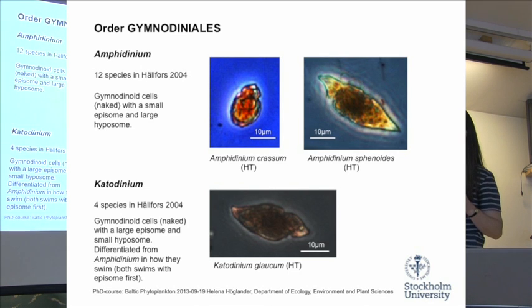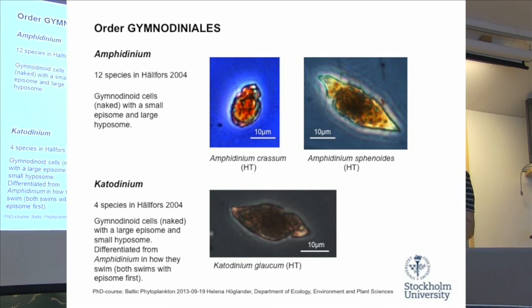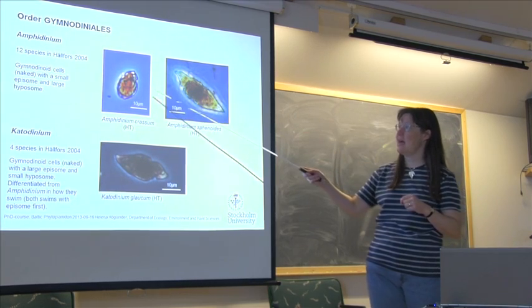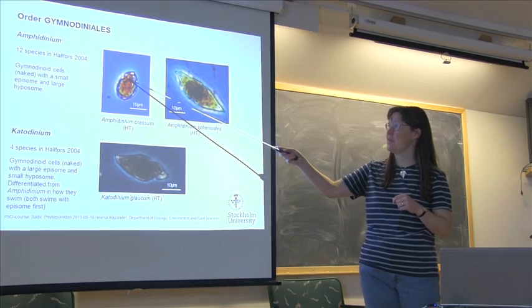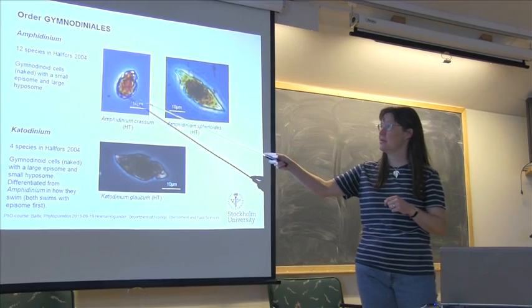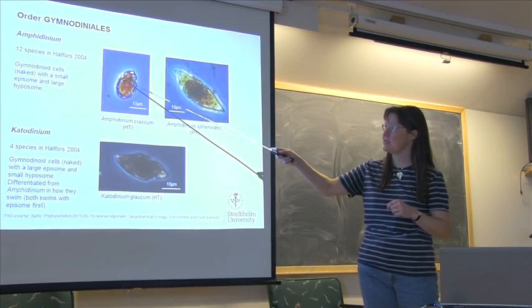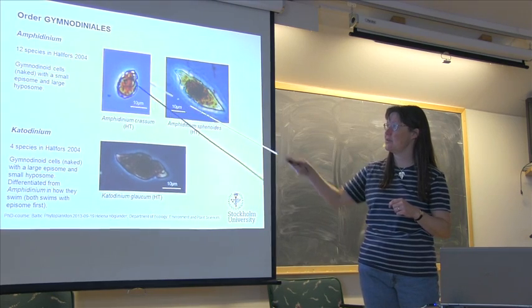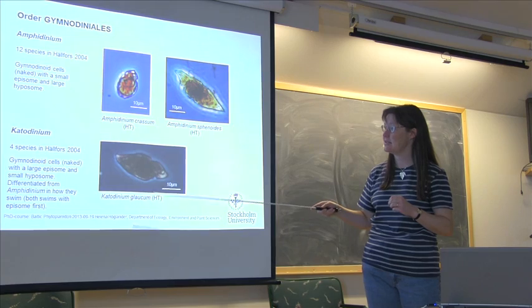And then we have the naked species. These are two common genera, Amphidinium and Katodinium. This Amphidinium has a very small upper part, the episome, this part, and a big lower part. Here you can see the nucleus of the dinoflagellate.